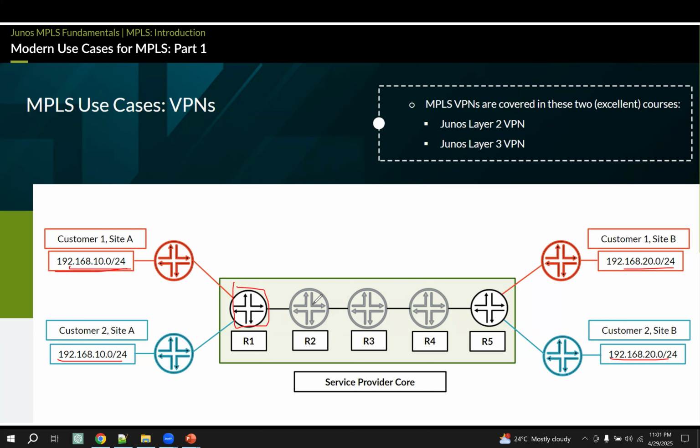They need a logically separate routing table. So how is it possible? Normal IGP or BGP, that is not possible.